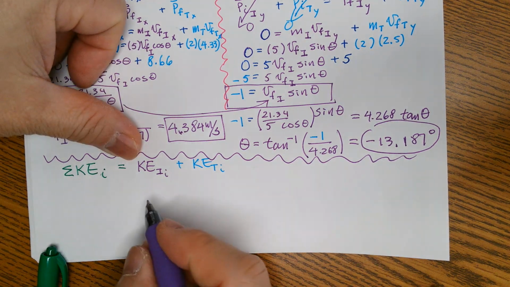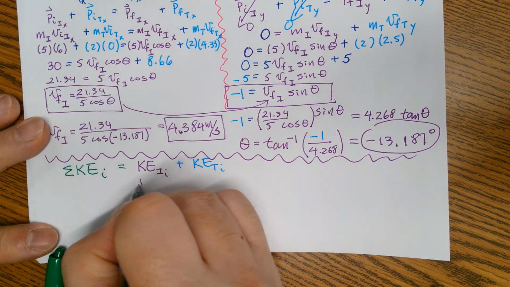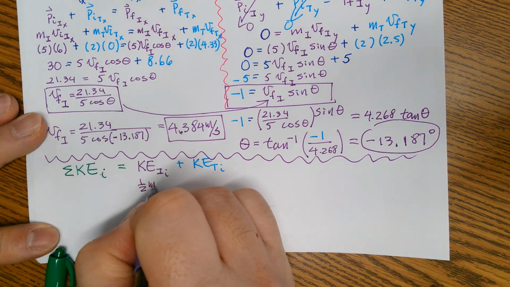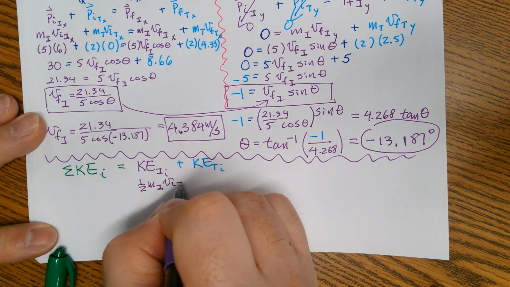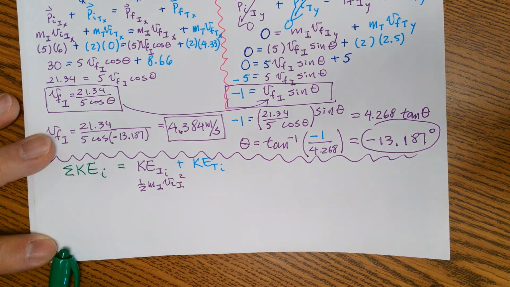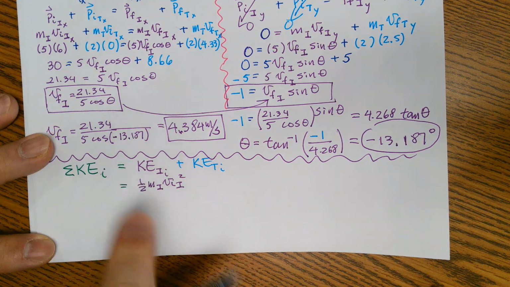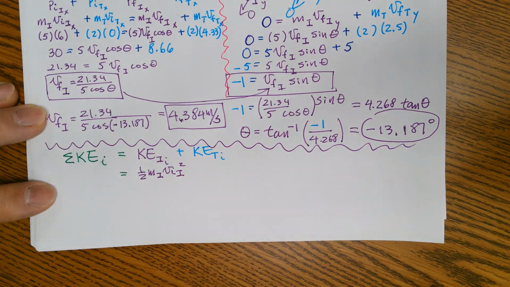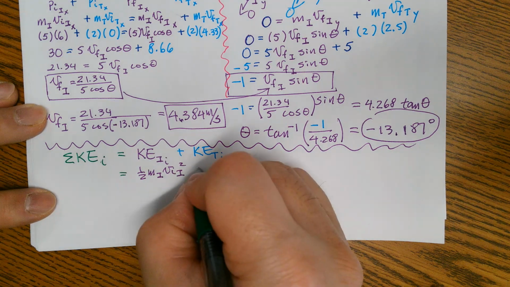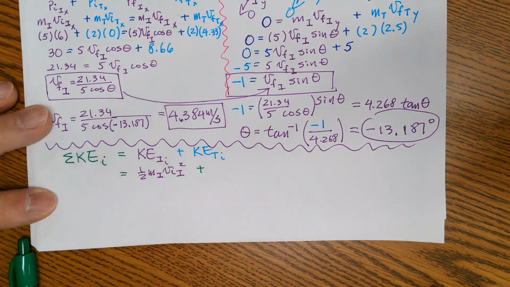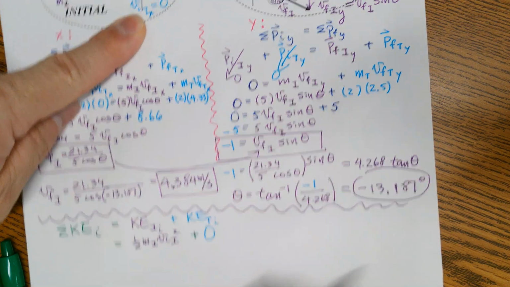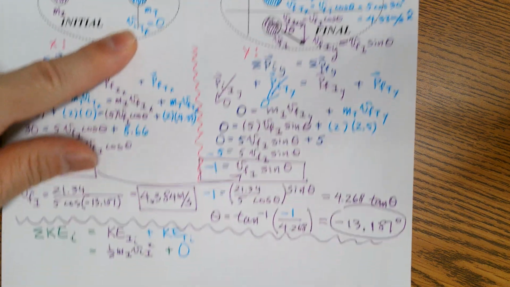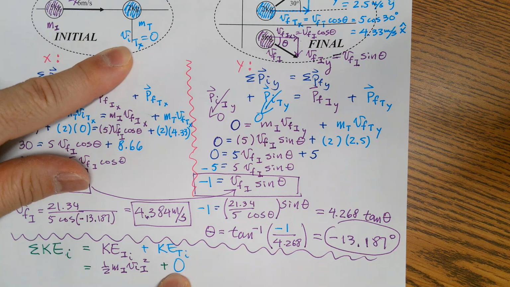Initially, I have 1/2 mass of incident times V initial incident squared, plus the initial kinetic energy of the target, which is 0 because it wasn't moving.